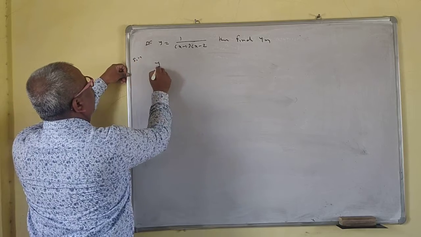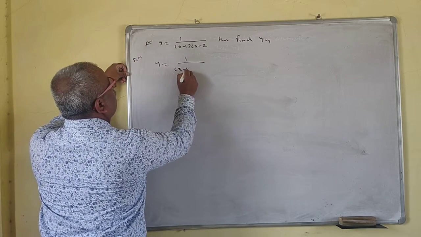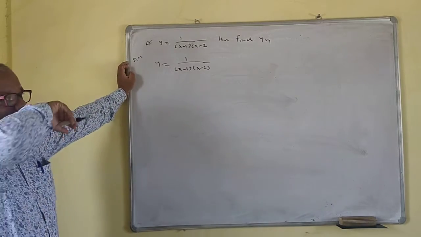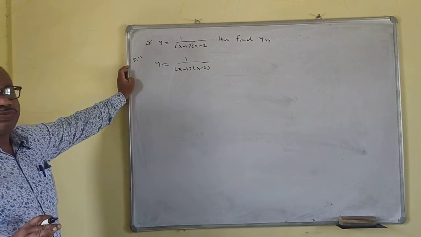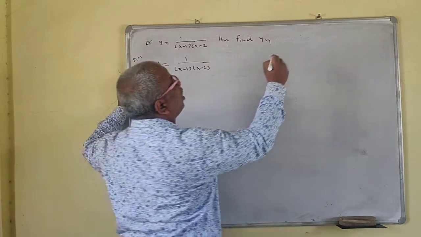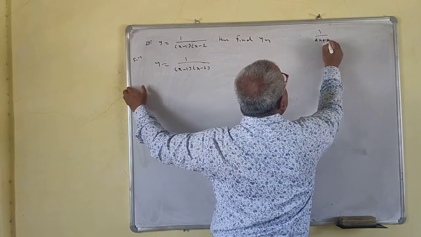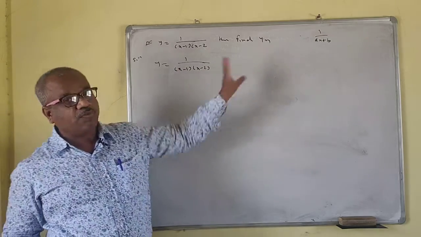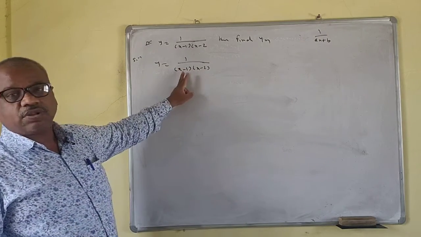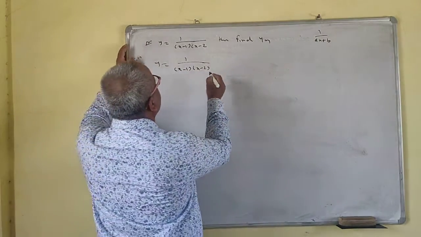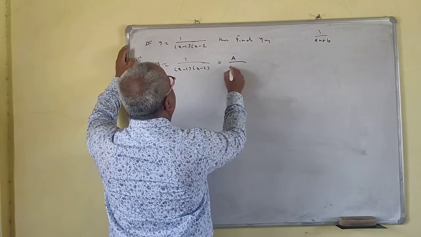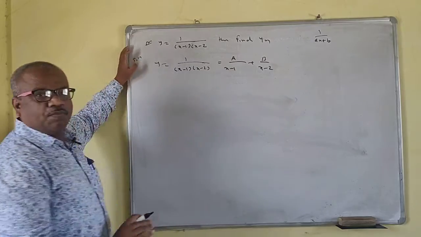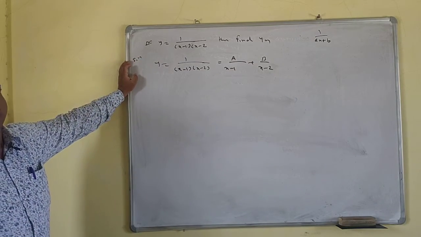Solution: y is equal to 1 upon x minus 1, x minus 2. Now we know the formula for 1 upon ax plus b only. So we have to convert this in terms of 1 upon x plus b. So we use partial fractions. We can write this as a upon x minus 1 plus b upon x minus 2. By trial and error also you can find the values of a and b.